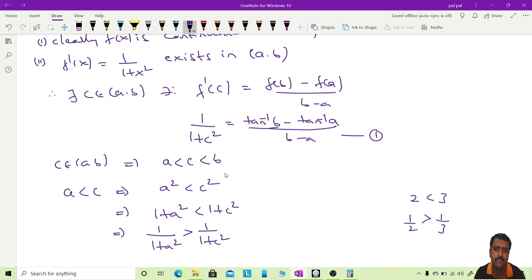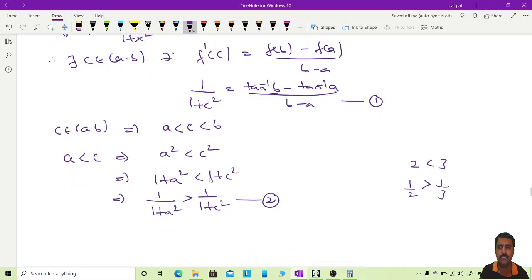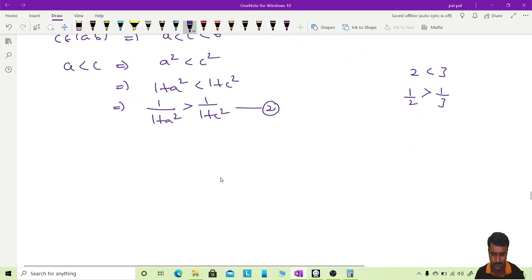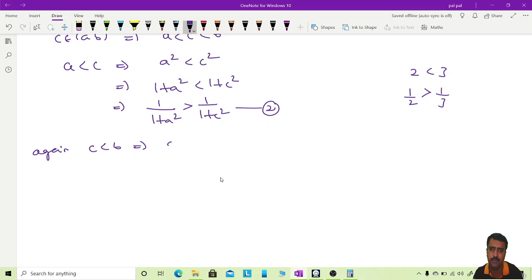Call this inequality 2. Again, you take the result that c is less than b. So c less than b implies that c square is also less than b square.